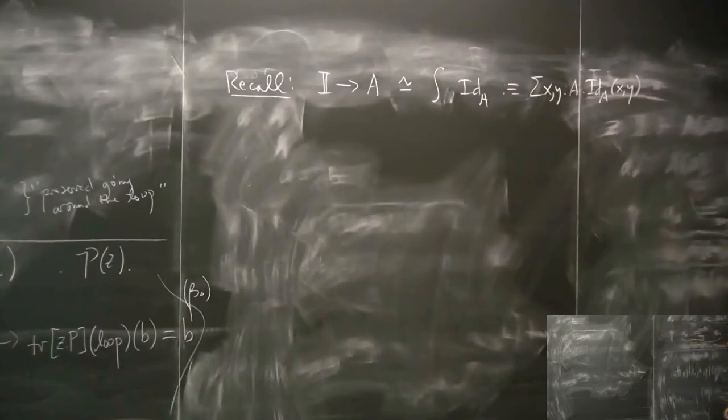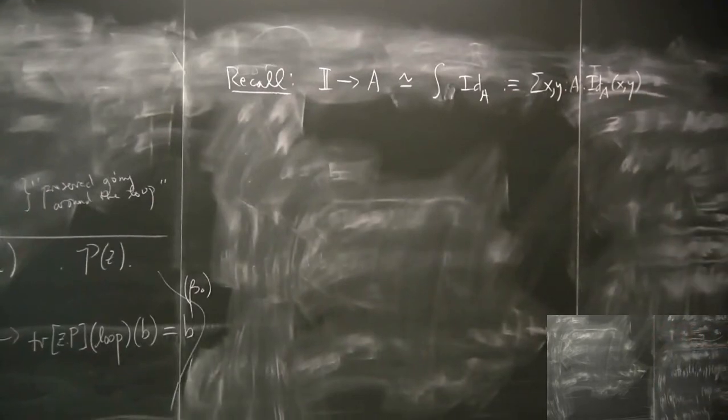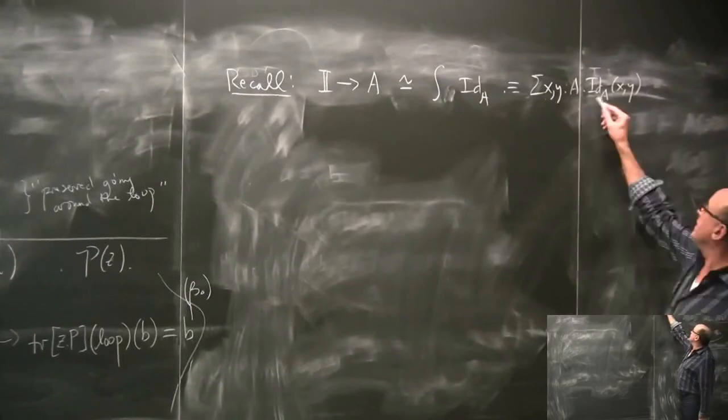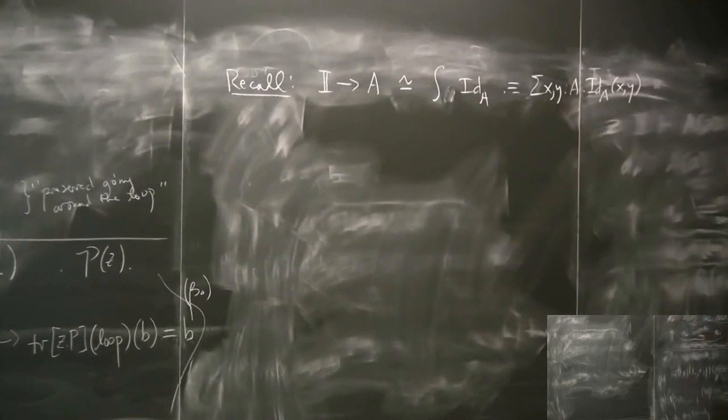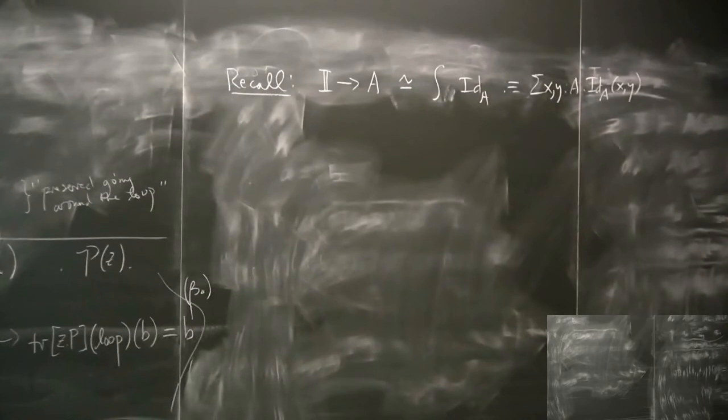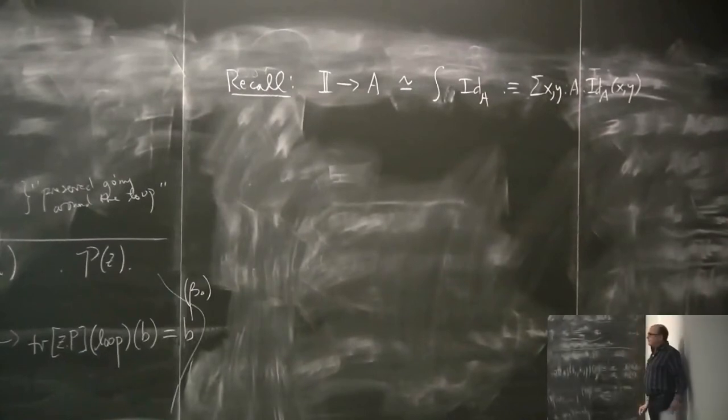So the total path space is what it sounds like. It's all the paths that are in A. Pick any two endpoints and then associate with that a path between them, and then the sum of all of those is the total path space.